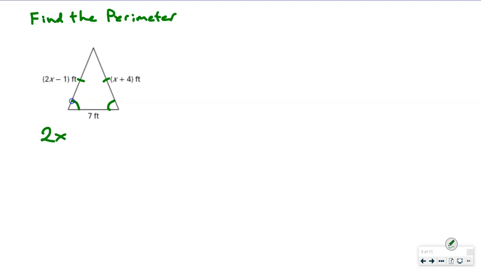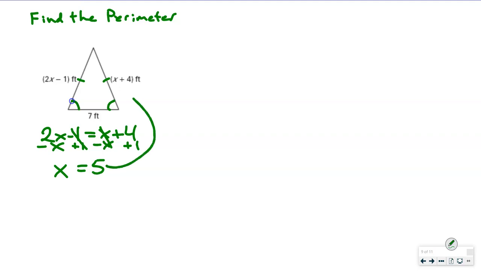So 2x minus 1 equals x plus 4, and we'll solve for x. Subtract x on both sides. Gives me x. Add 1 on both sides. So I know x equals 5, and I'll plug that back into each of them. 5 plus 4 is 9.